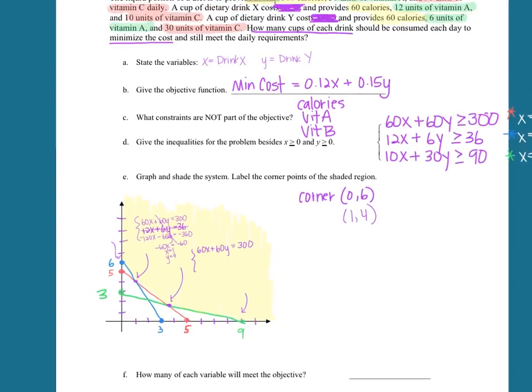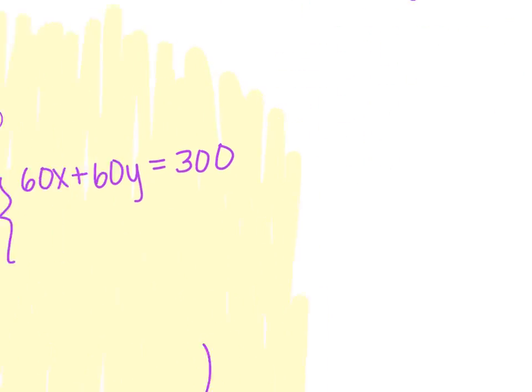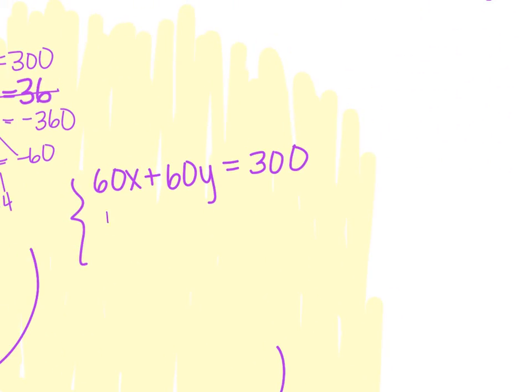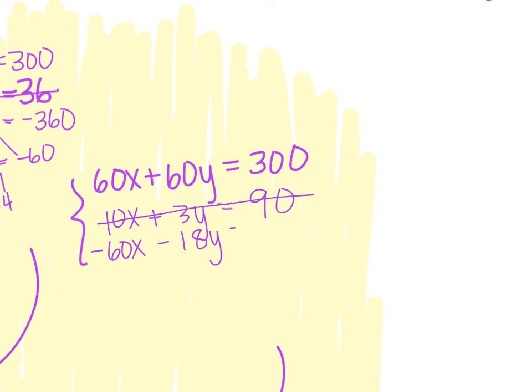And then the green line was 10x plus 3y equals 90. And I think for elimination, I'm going to multiply the bottom row by -6. So that will give me -60x minus 18y equals -540.